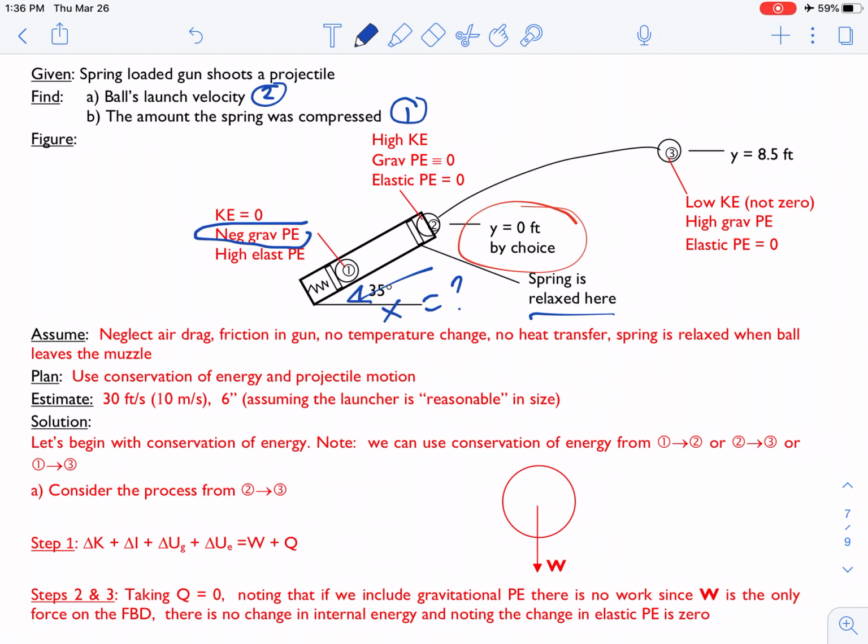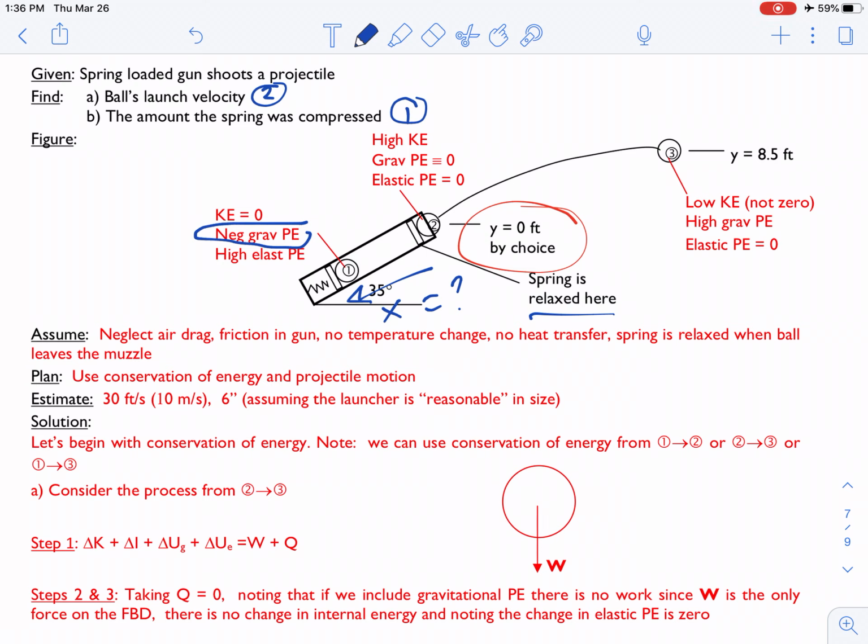So that's going to be below the 0 line, so y takes a negative value, and we are going to discuss that later. In terms of elastic potential, it's the highest because there's a compression, and the maximum compression is at point 1.